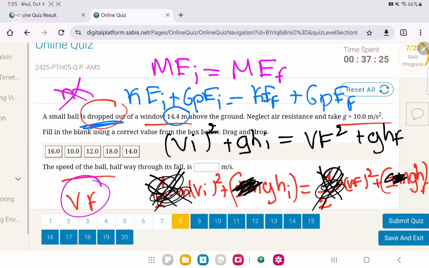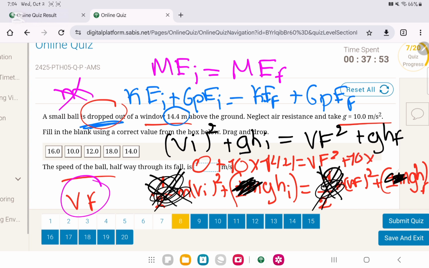It wasn't moving, so there is no velocity. Plus the gravity is always the same, 10, times the height initial, 14.4. The velocity final, we need to find it, it's unknown, plus g times h final.